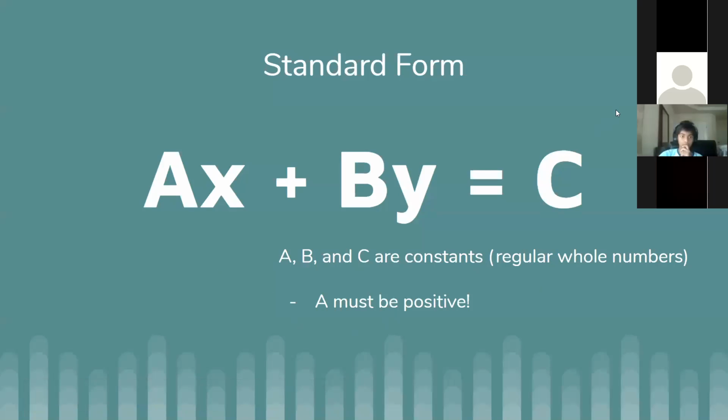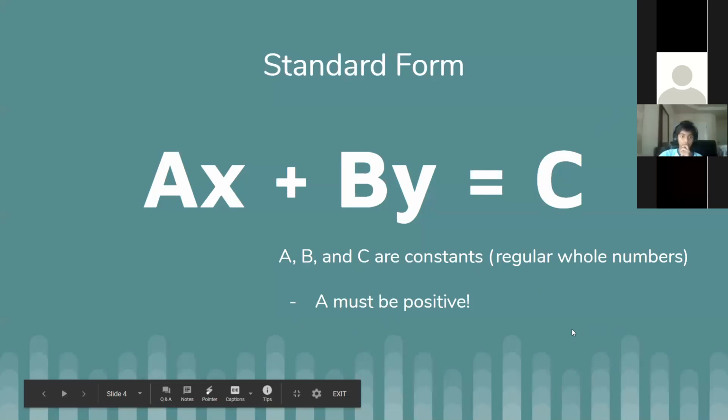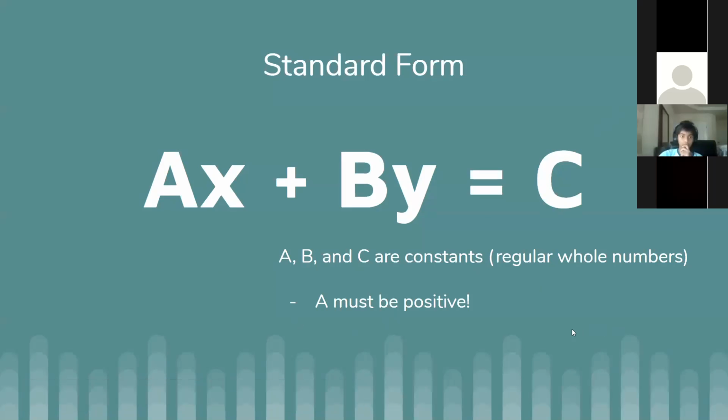So this is the standard form of an equation. It's literally just another way of writing the equation. One thing that is really helpful about standard form is that the variables that are actually variables are x and y. Everything else is going to be constant numbers.